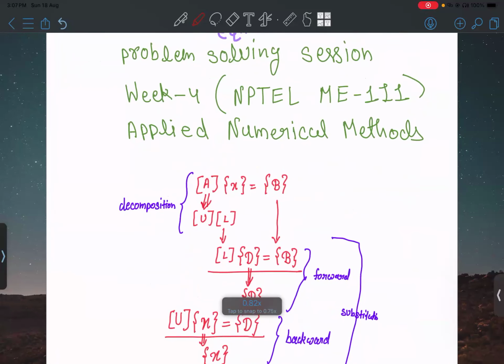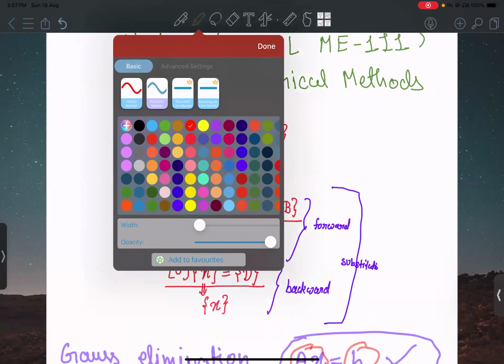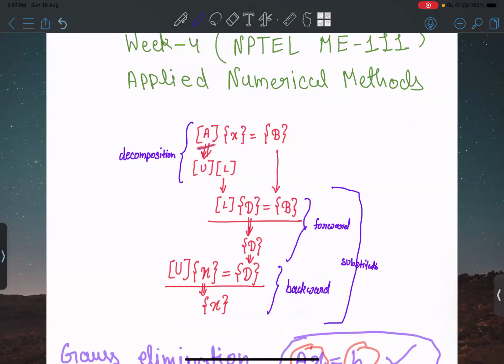What we do in LU decomposition, if I summarize simply: suppose we have an AX equal to B type of system of linear equations.